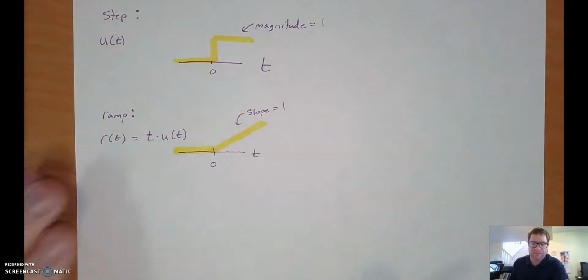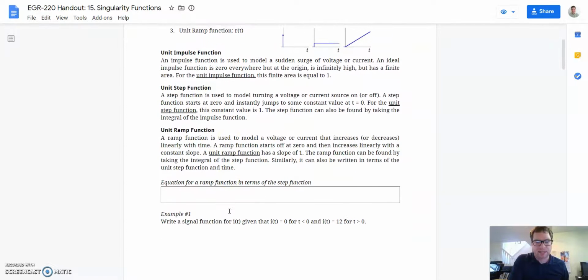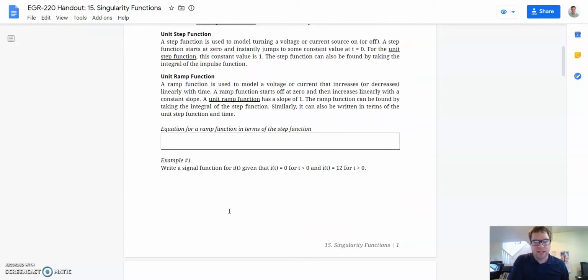Example 1. Let me bring it up on the screen so you can see it. Example 1 asks us to write a signal function for i of t, given that it is 0 before 0 and 12 after 0. So this is discontinuous.